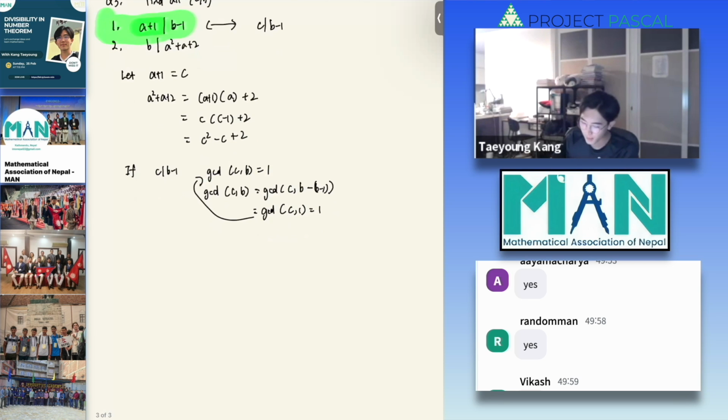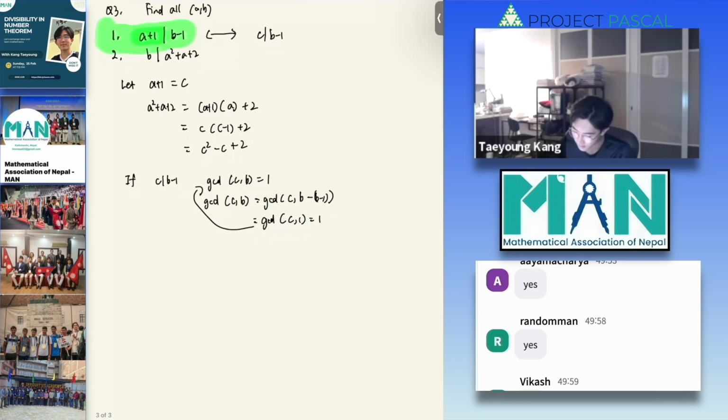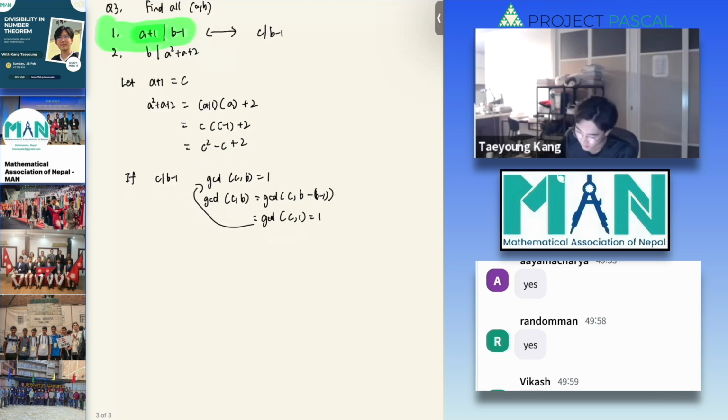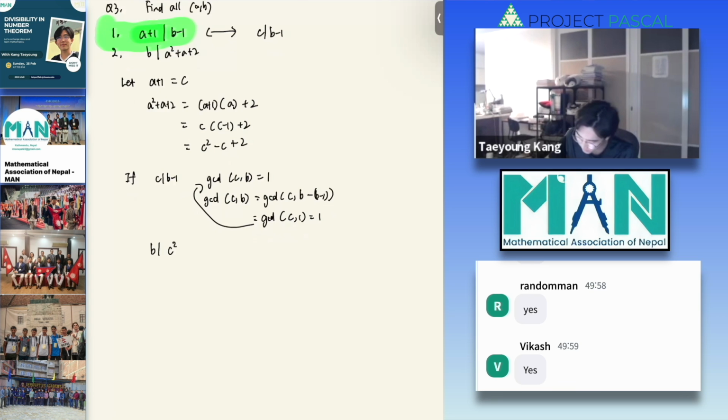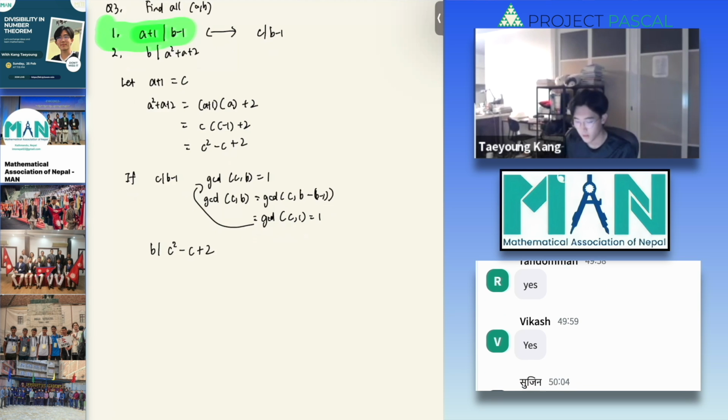And at the same time, we have the condition B divides C squared minus C plus 2, right? We want to somehow make it such that C also divides the expression over here.